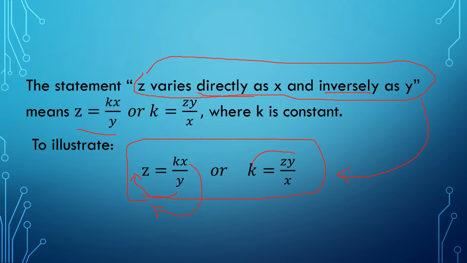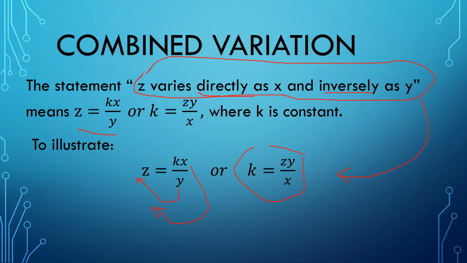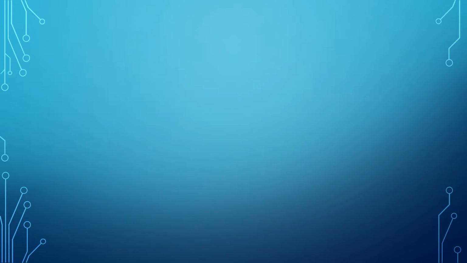So ang nangyari, k is equals to zy over x. Again, ang y, i-multiply sa z, and then ang x, i-divide sa ilahang duha. So, that is combined variation.